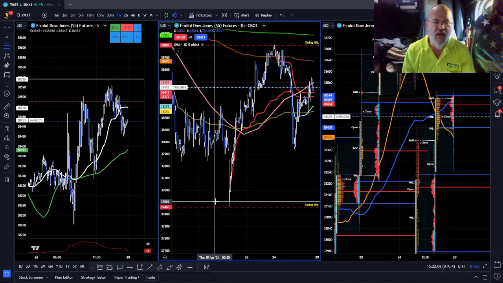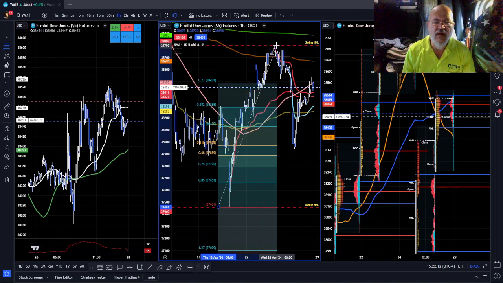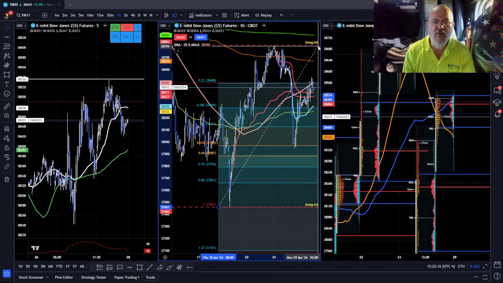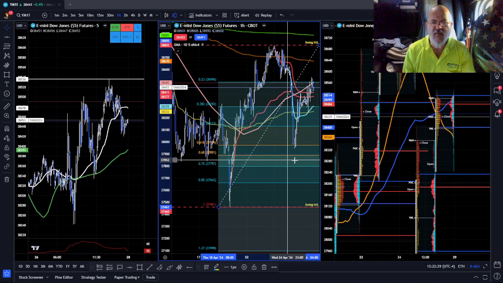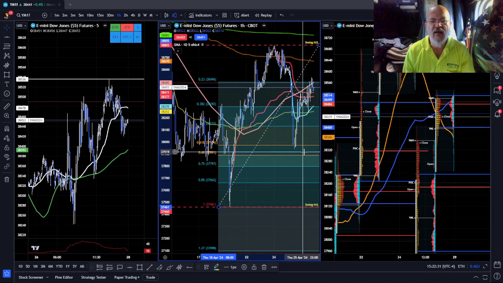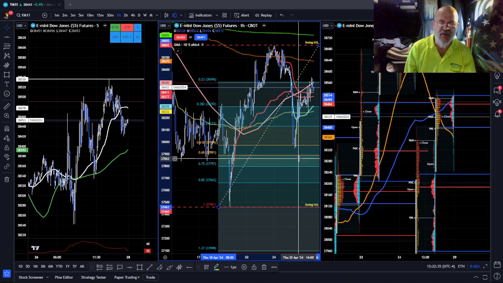And what we can see is, if we go from high to low and we move this over, you can see that we passed the 50% mark, went down to the 618. This is discount pricing from the high because it's more than the 50% marker.